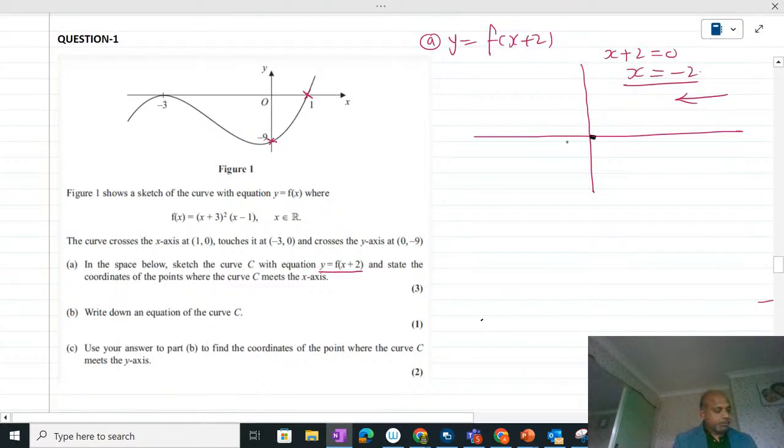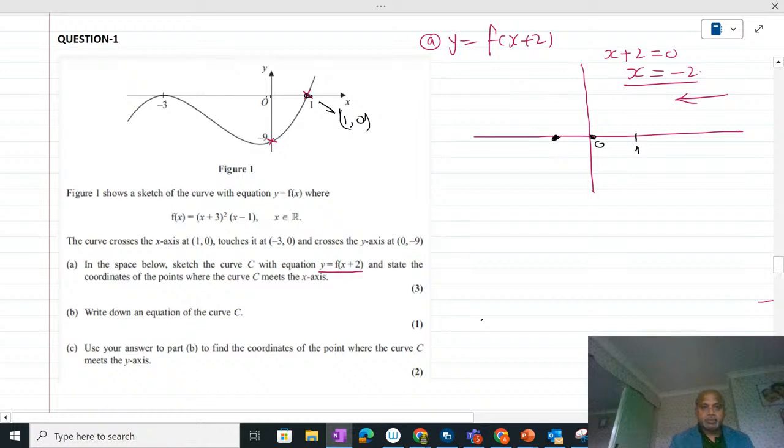Earlier it was (0, -9), and this point was (1, 0). So it is shifting minus 2 units, right? Once it is shifting 2 units, 1 comes to -1, so it is (-1, 0).